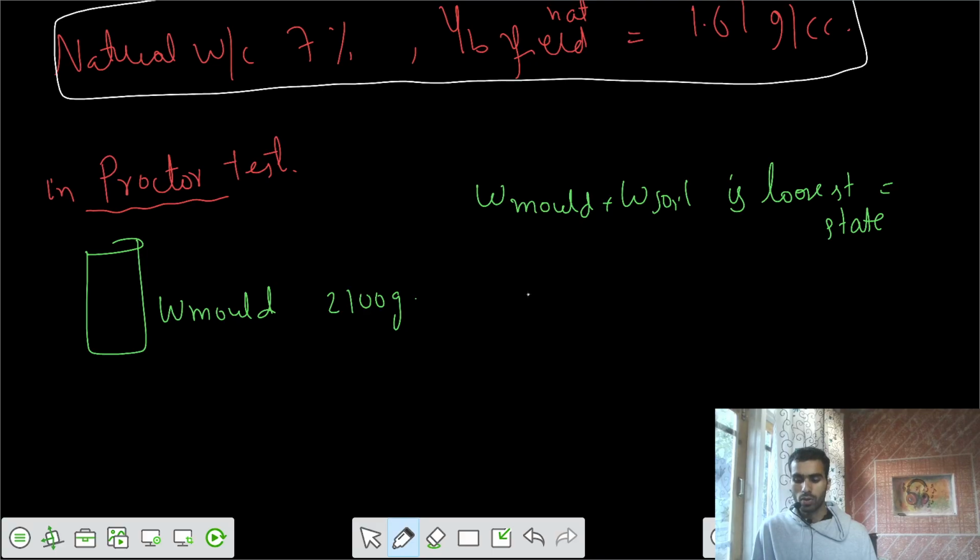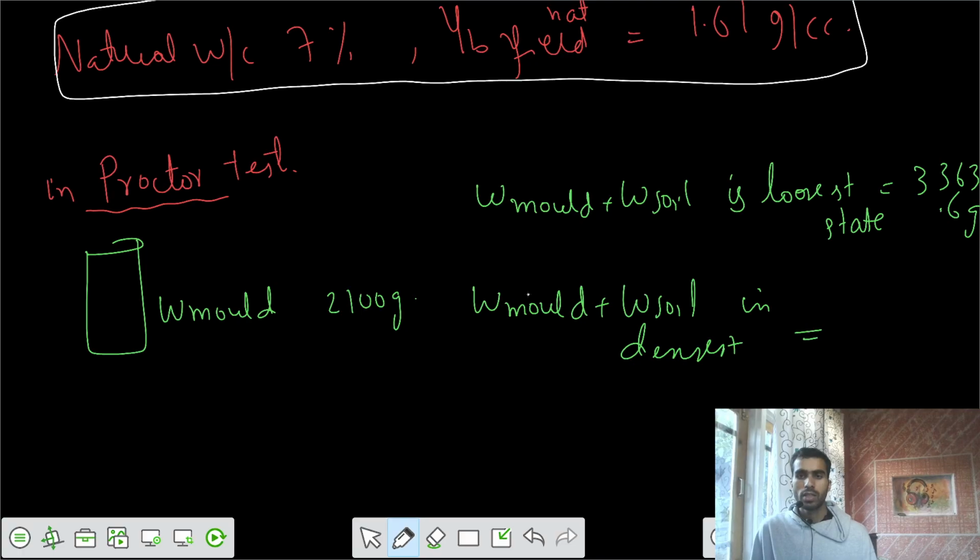At that time, your total weight is 3363.6 grams. One more condition was given: the weight of the mold plus the weight of soil in the densest condition, which is 3857.4 grams.